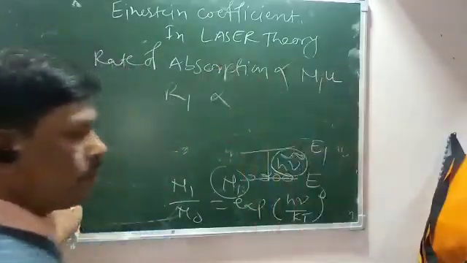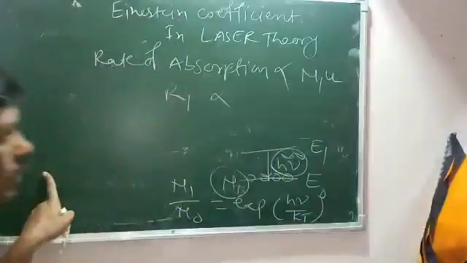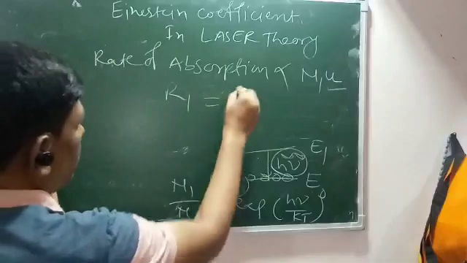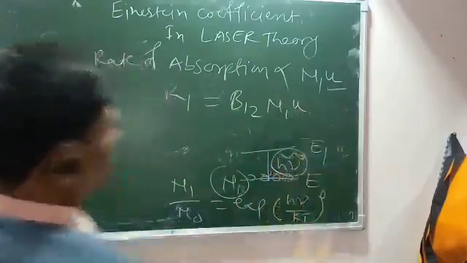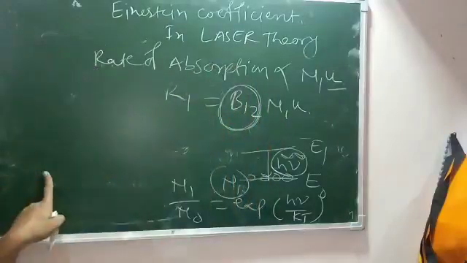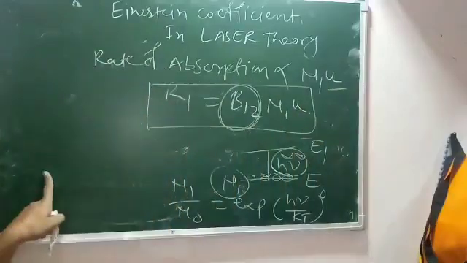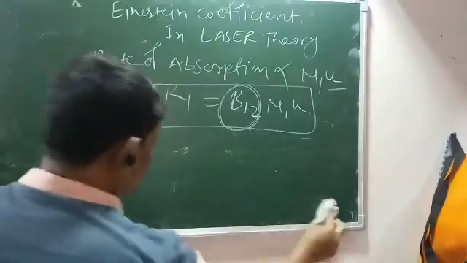The external environment plays an important role. That's why the rate of absorption is proportional to U. So R1 is equal to B12 N1 U. Here B12 is called the Einstein absorption coefficient. So this is the first relation which comes from the rate of absorption.